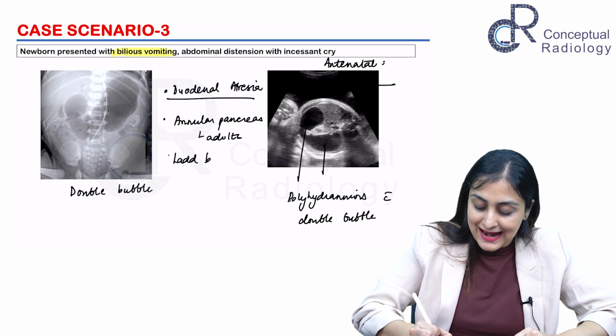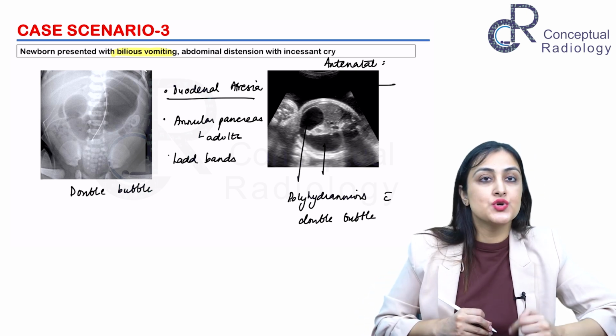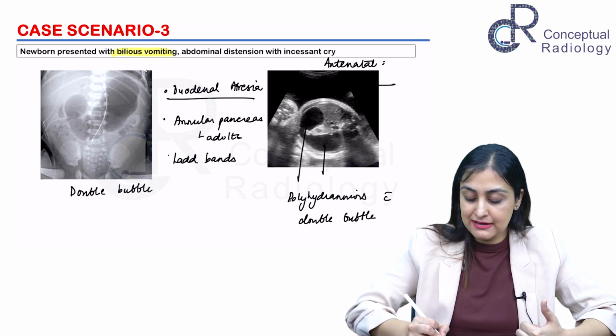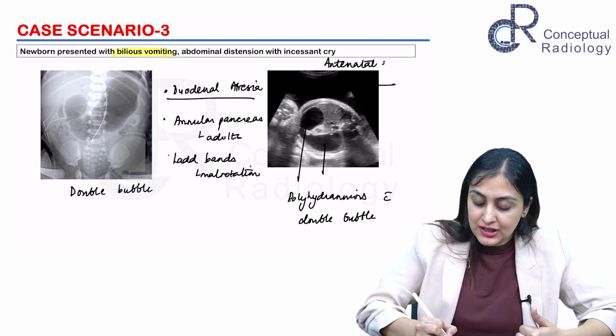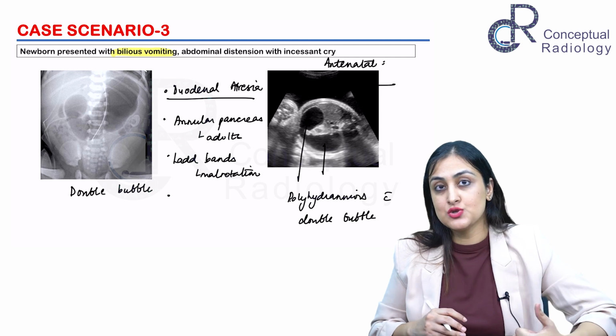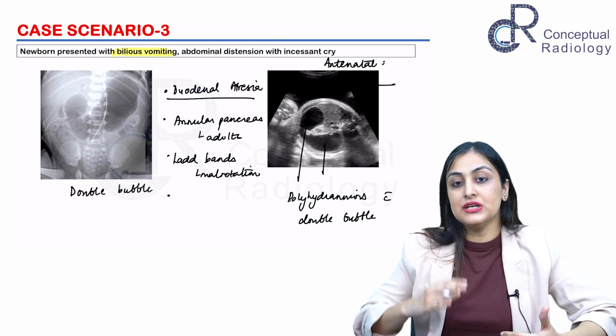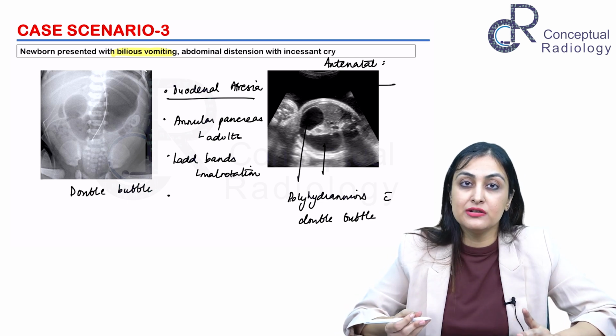And then there are Ladd's bands, which we will be talking about in malrotation, which can also cause duodenal obstruction at this level. So this is something which is associated with malrotation, and something which, if your viva is going great and you answer this, you are going to top the exam. The anomaly that I'm talking about here is an anomaly of the portal vein.